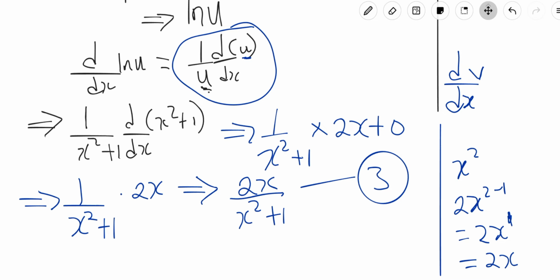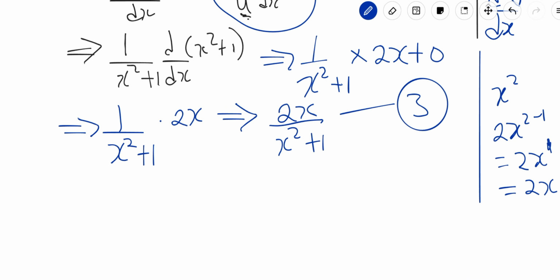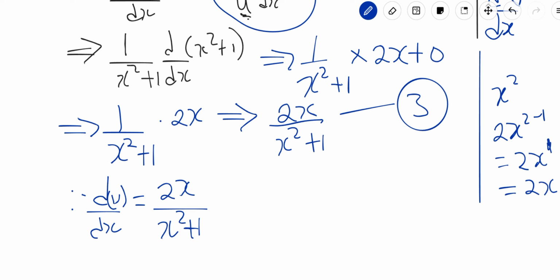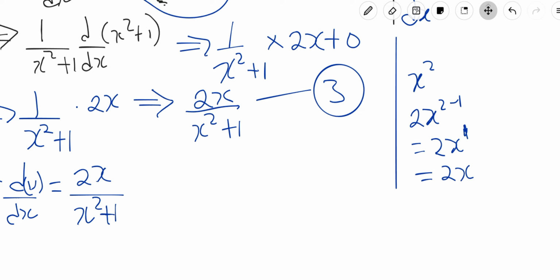Therefore, dv/dx is equal to 2x over x squared plus 1. Alright, so now we know what u is, what v is, what du/dx is, and what dv/dx is.